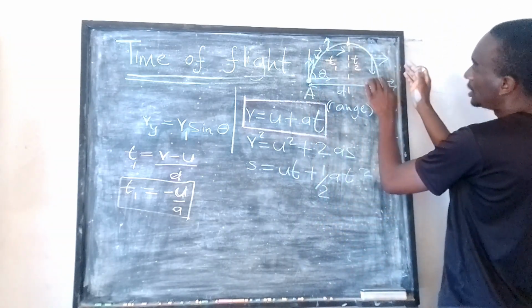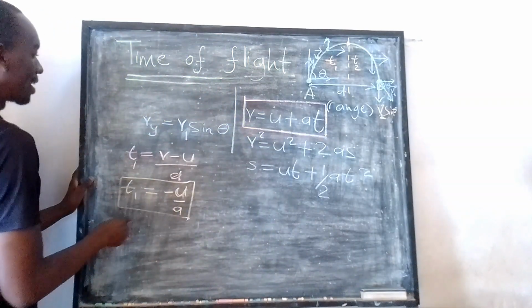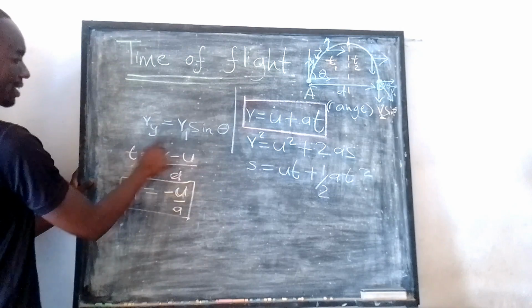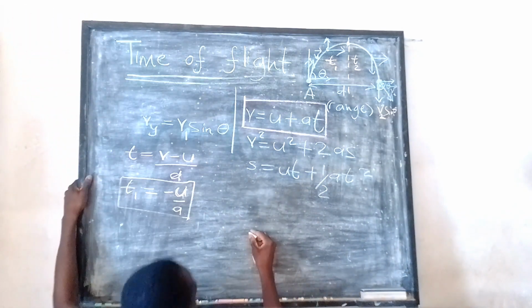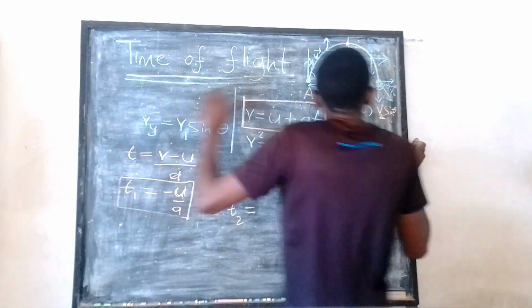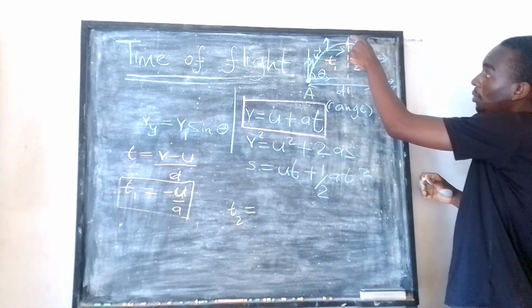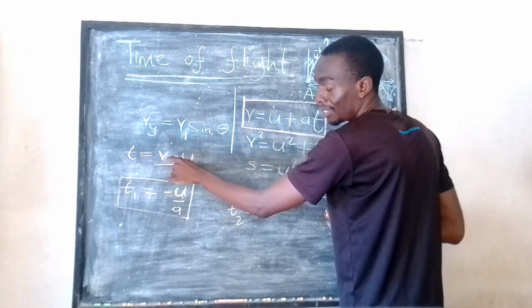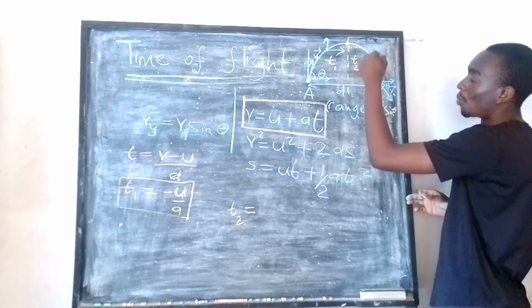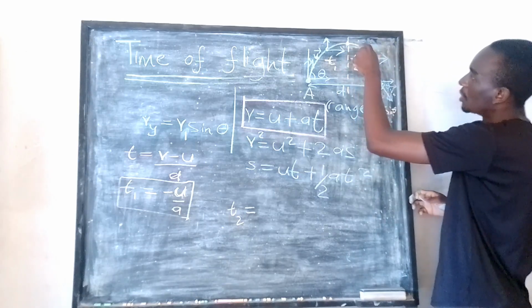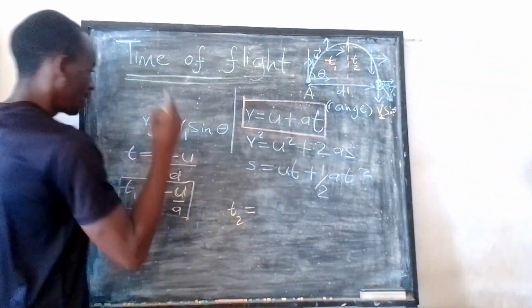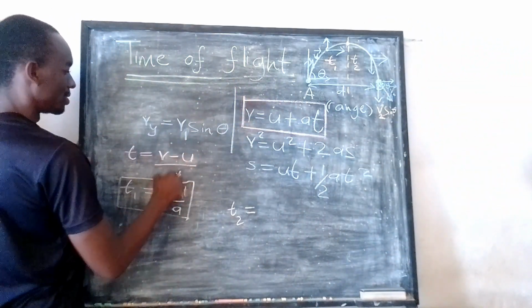And then we have to find t2. How do we get t2? Again, we use the same formula. But since we have a vertical component of 0, which served as the final velocity before, in this case it's serving as our initial velocity for moving from this point to the final point B. So as our initial velocity, we make it 0 here.